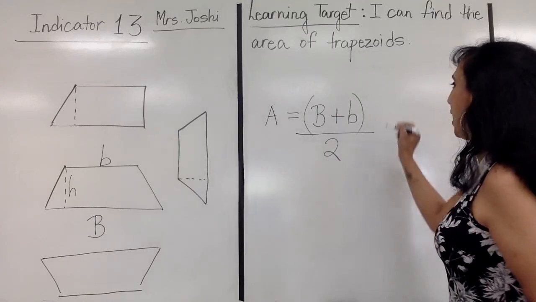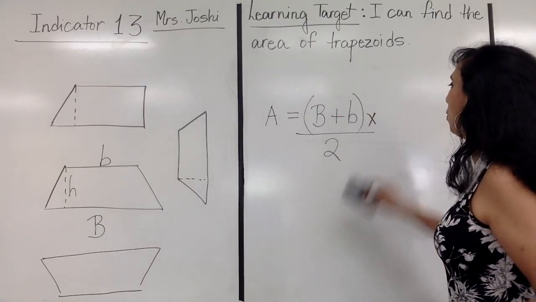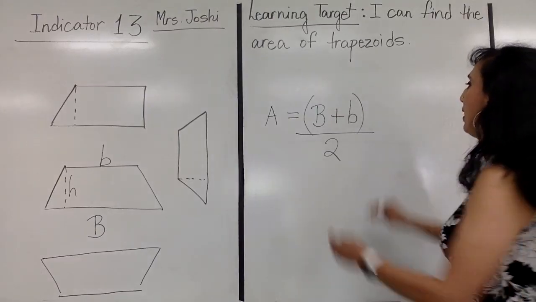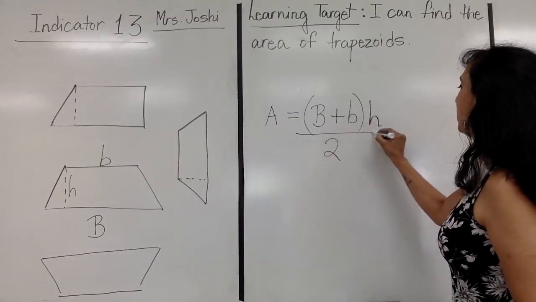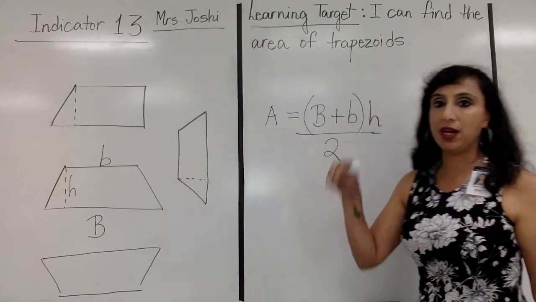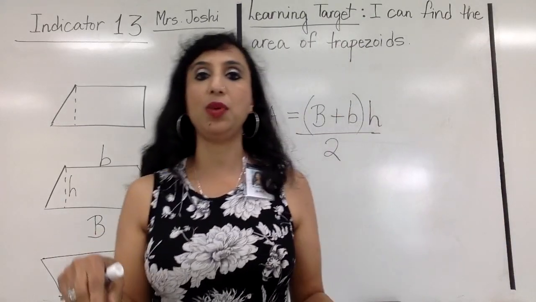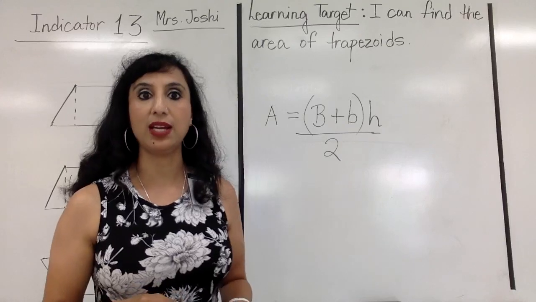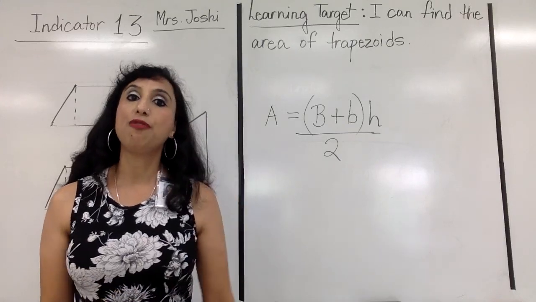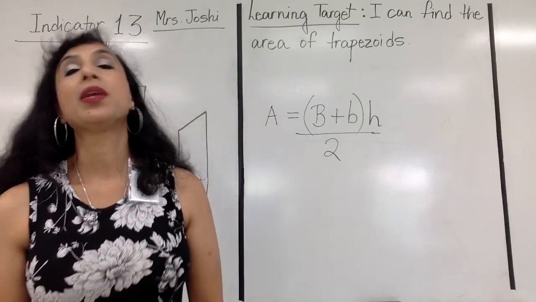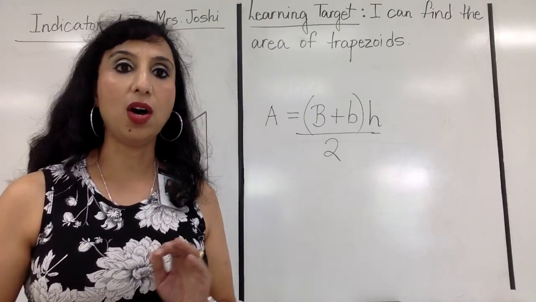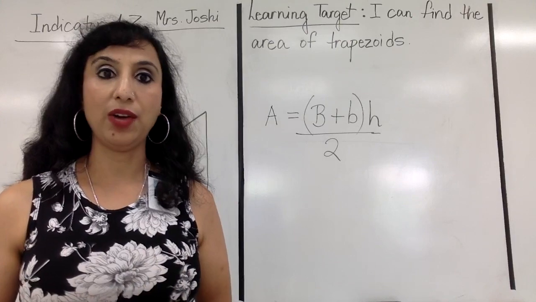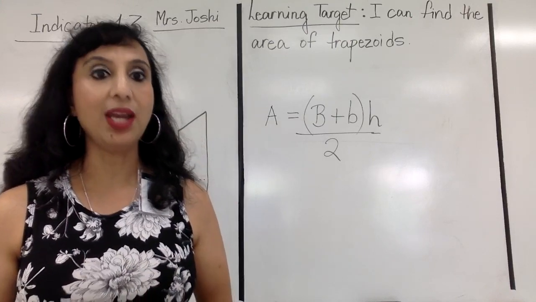Okay, times the height, you can write it like this, or remember we said outside parentheses is the same thing. So base times height, but because the bases are different measures, we have to find the average of the two, and that is why this is the formula for our trapezoid. Okay, now once again, please remember, all area is number of square units inside a shape, okay?